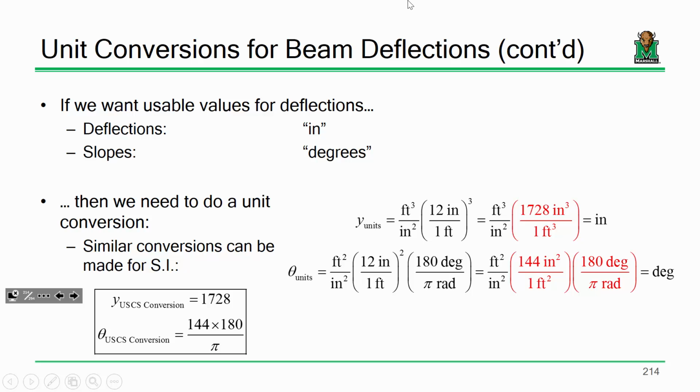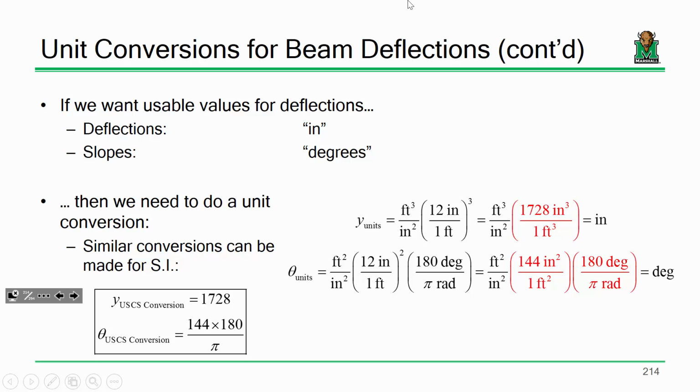For rotation, instead of 1728, it's 144, because I'm only doing 12 squared, not 12 cubed. But if I want to get everything in degrees instead of radians, I got to convert by doing 180 over pi. So this right here is my conversion factor for deflection and rotation, respectively. So if I just plug and chug and multiply my answer by 1728 for deflections, it'll come out in inches. If I plug and chug for rotation, it'll come out in degrees.